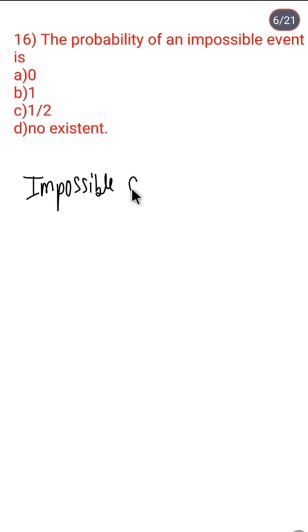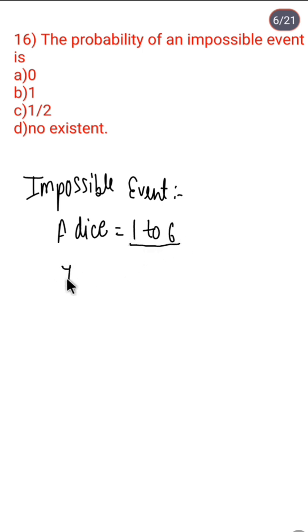Impossible event means if the event does not happen, it is impossible to happen. Same example: if a dice is thrown, the number we get is 1 to 6. If I ask the probability of getting the number 7, is it possible?